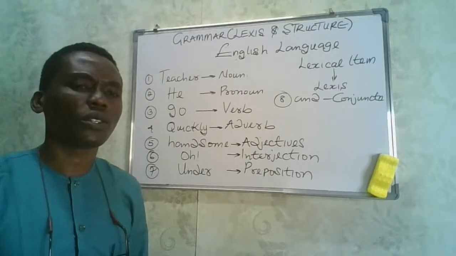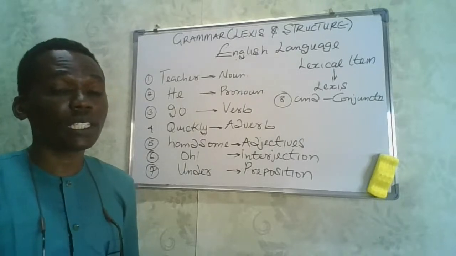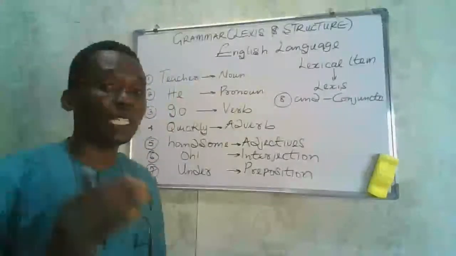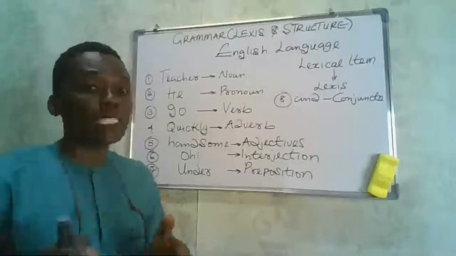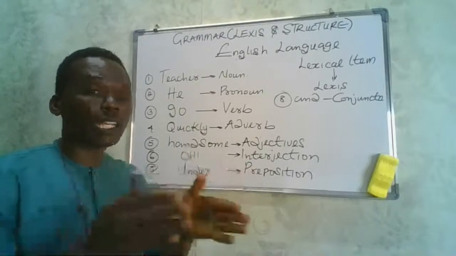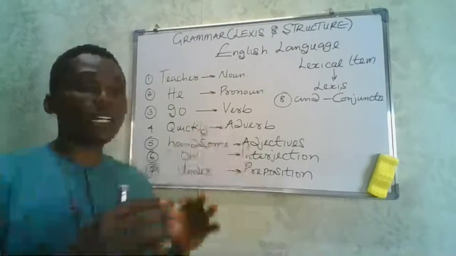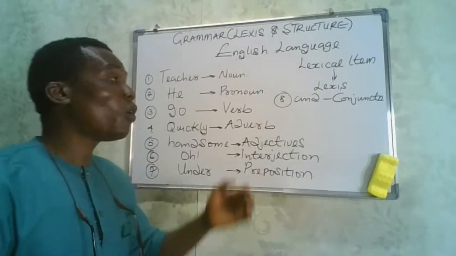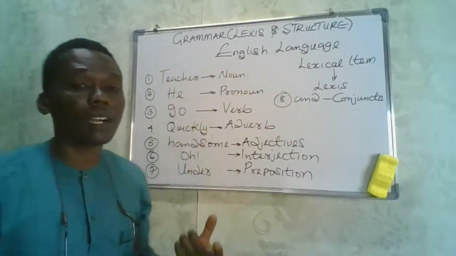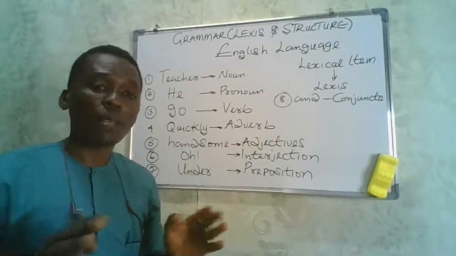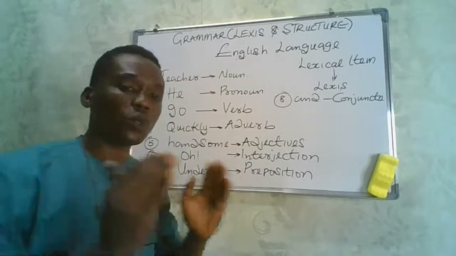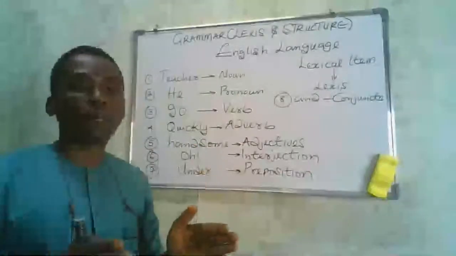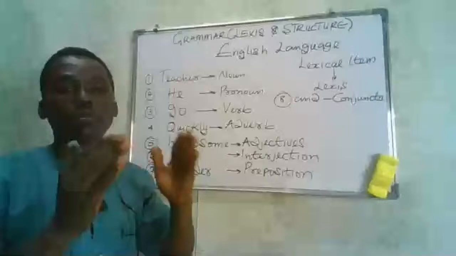Now we've looked at lexis, and I told you that lexis is the aspect of English language, while structure has to do with the grammar aspect of the language. And lexis has to do with lexical items coming together to form a given structure of the English language. So all these are good examples of lexical items. And once these items come together, they form a structure that is the grammar aspect of a language. Now, that's for lexis.